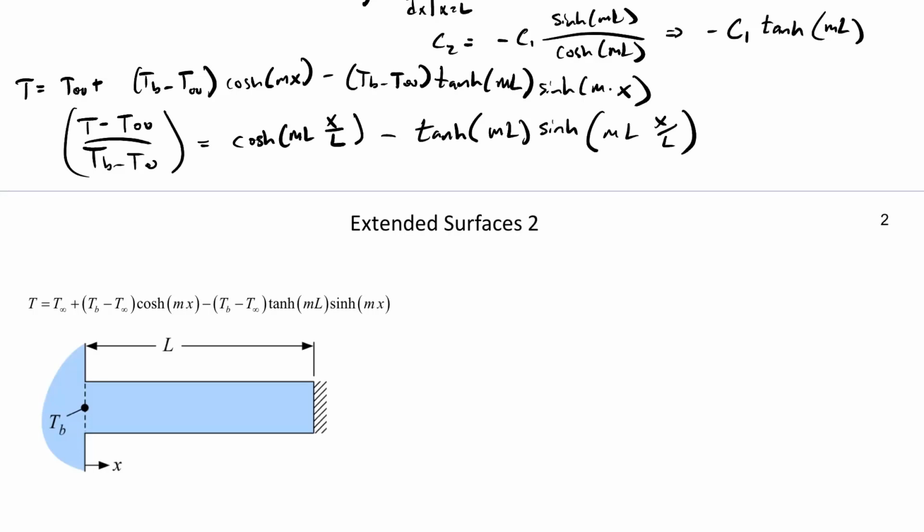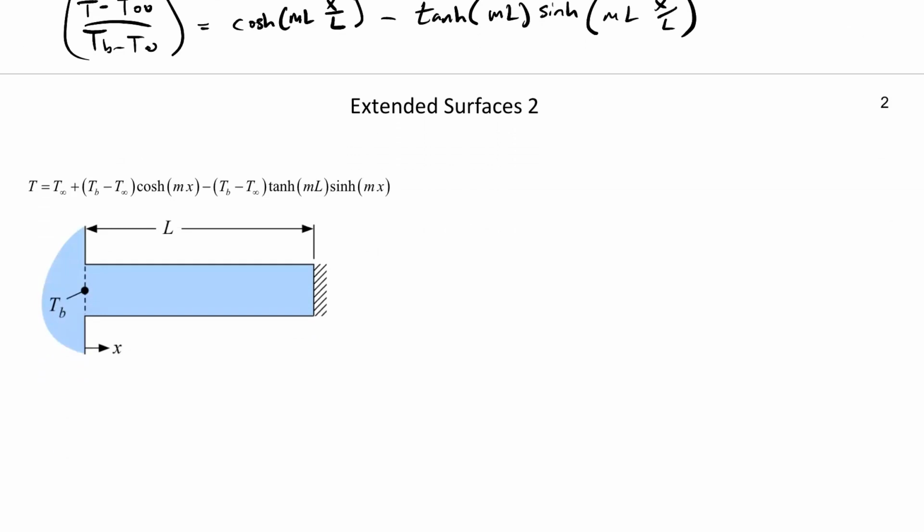So we need to actually evaluate the heat transfer using our temperature equation, and we have to use Fourier's law. So there's kind of two ways to do this. The first way is let's draw a control volume around this entire fin, like this. My job now is to figure out what's the heat transfer from this fin, right? There's two ways.